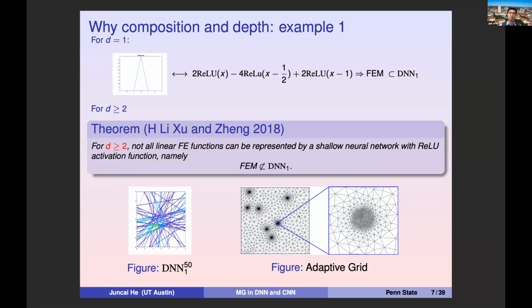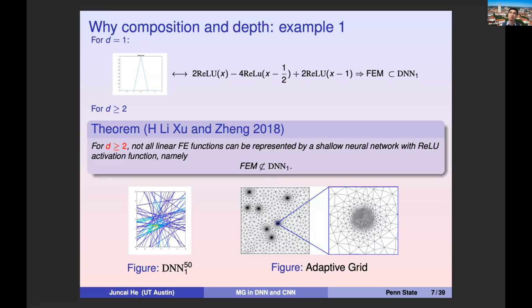Basically, this proof is based on investigating whether DNN1 can reproduce the basis function of the 2D finite element method, because if you can recover the basis function, then you can recover the general function by composition, making a wider DNN. Okay, so this is the first example.